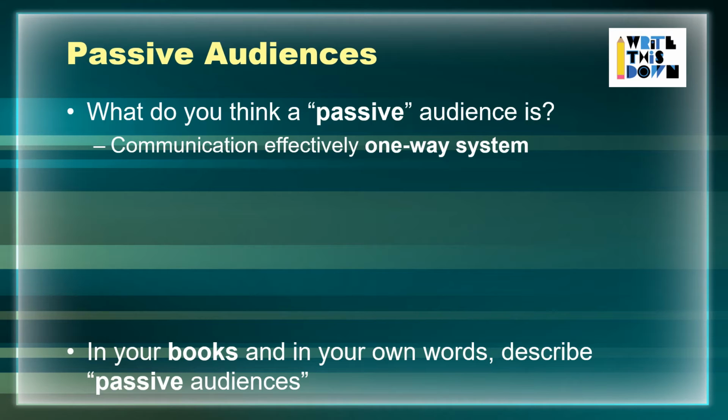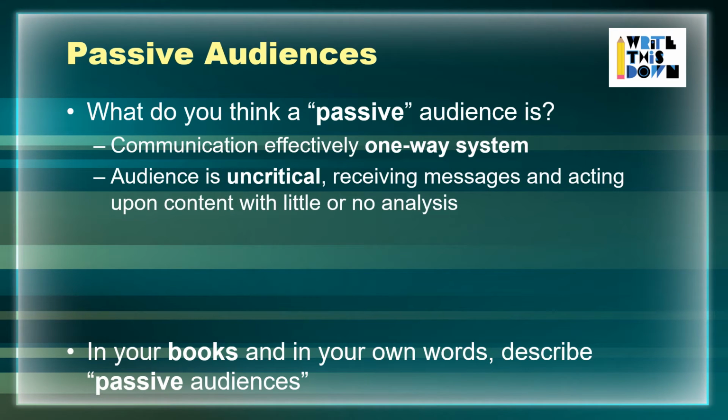Communication is effectively a one-way system. And the audience does not challenge what they see in the media. They receive the messages from the media, they act upon that content. Basically, they believe what they see, they believe what they read, and they allow it to influence their lives.